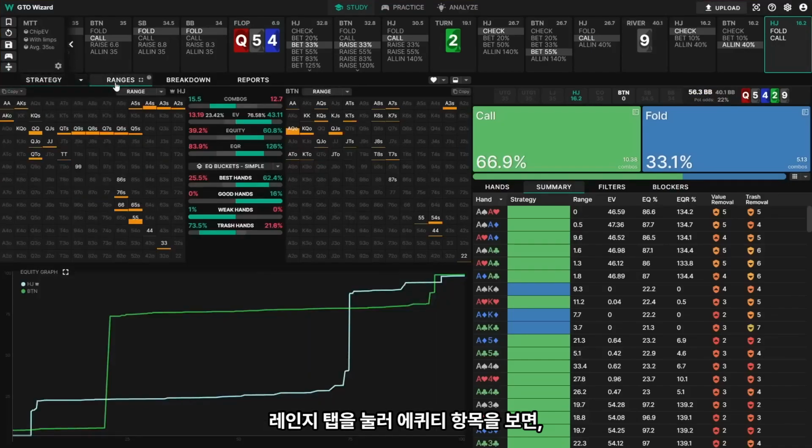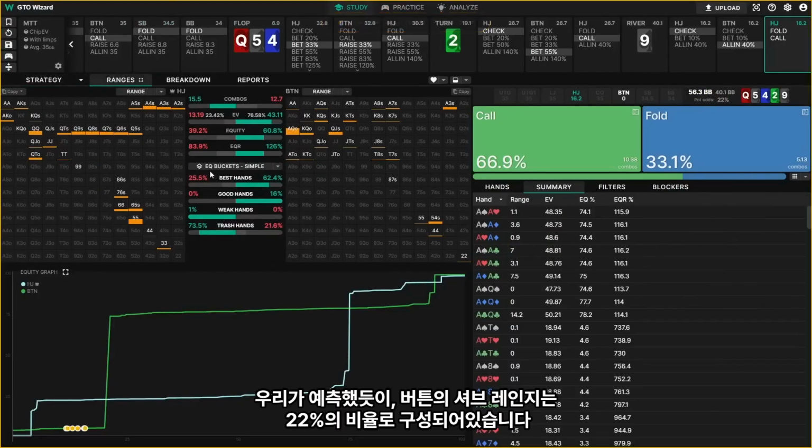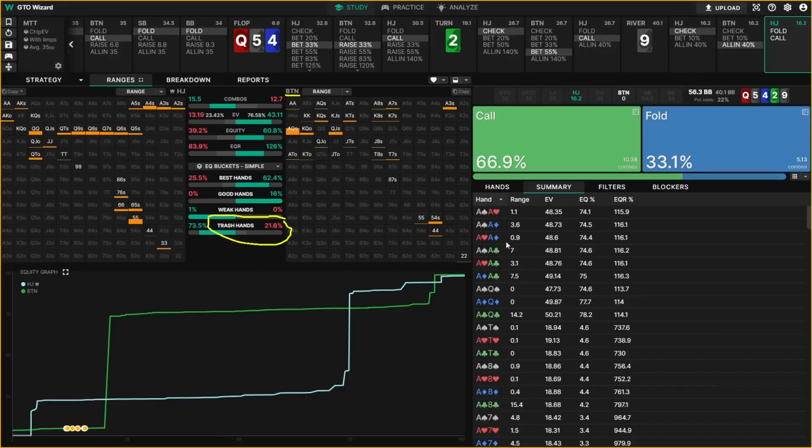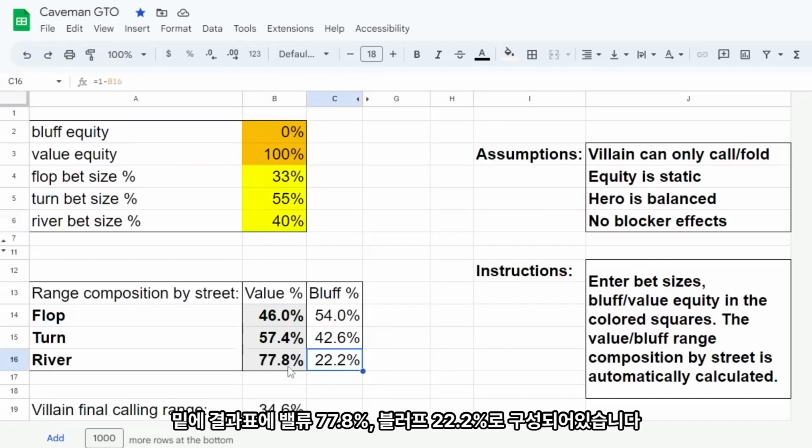Just go over to the ranges tab, look at the equity buckets, see that 22% of button's shoving range contains bluffs. Exactly what we expect. Going to our toy game model, type in the bet sizes here. So raise 33% on the flop, barrel 55 on the turn, shove 40 on the river, and again, we see a ratio of about 78-22 on the river shove.